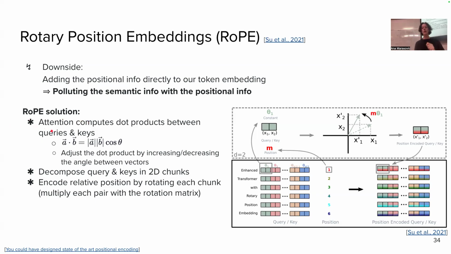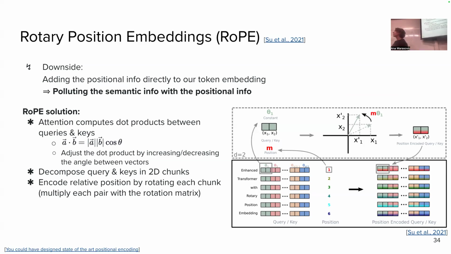The way they do that is by observing that by doing query-key products, we are doing a dot product between corresponding queries and keys. The dot product mathematically is this, right? We take the magnitudes of these vectors, and then we multiply with the cosine of the corresponding angle between them.